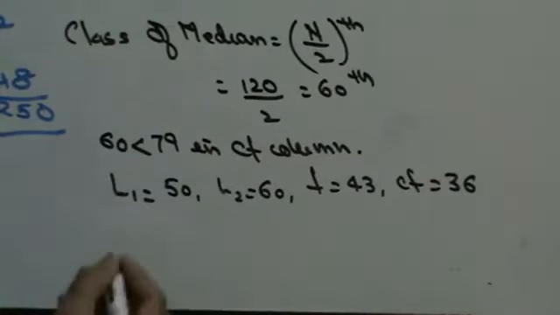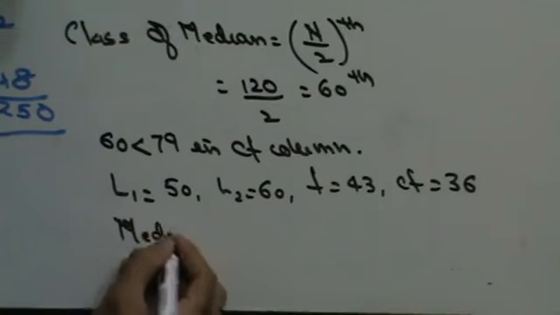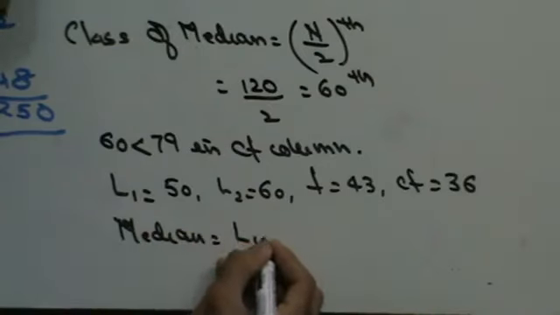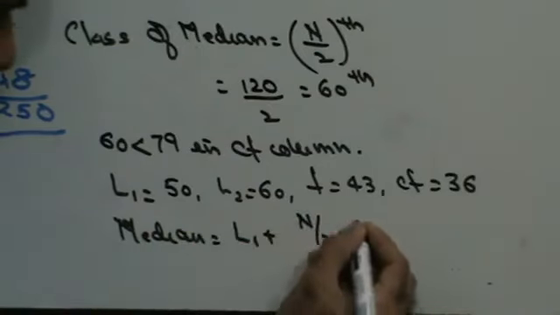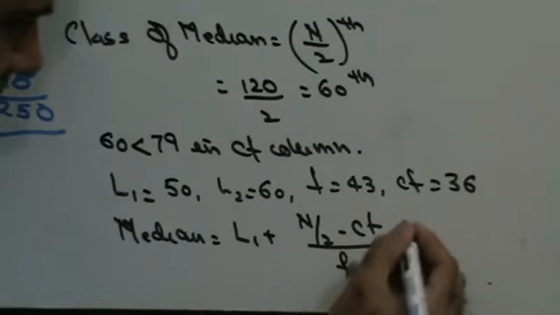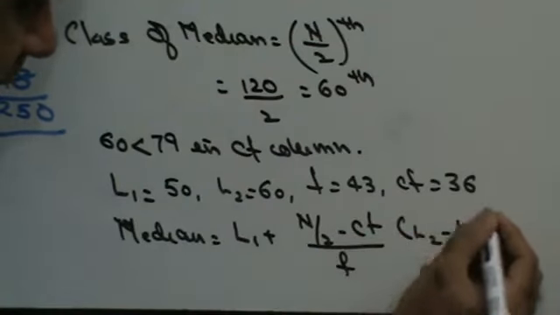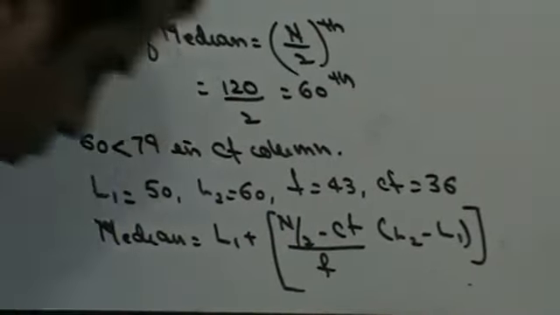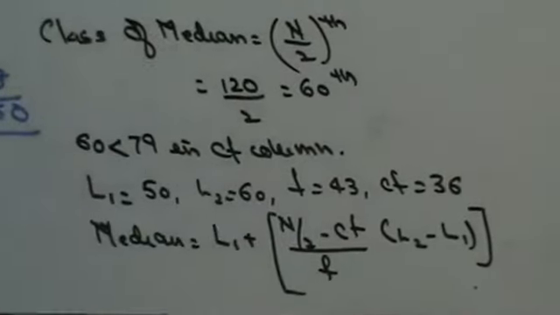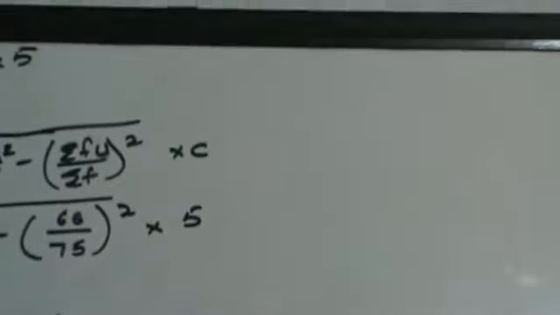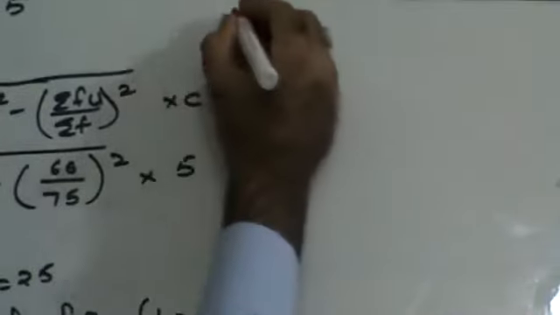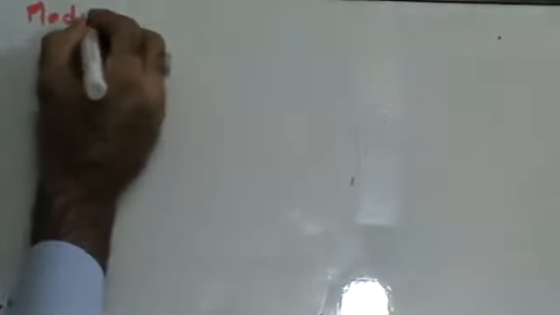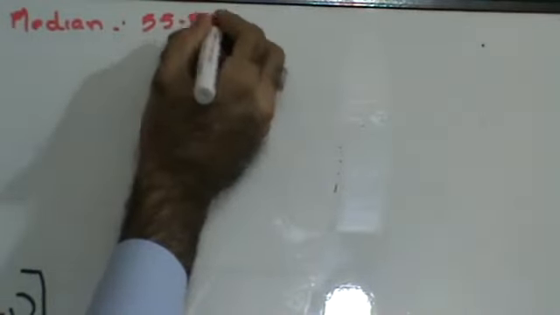So the median is L1 plus n by 2 minus CF upon F times L2 minus L1. When you do this, the median is going to be equal to 55.58.